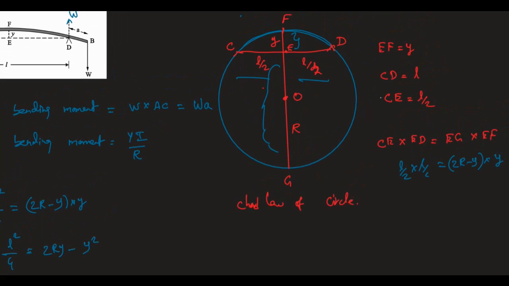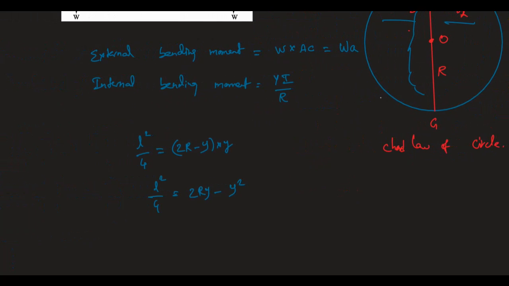Now consider, if this arc is very small, this Y will be very small, so Y square will be negligible, so neglect Y square. Then L square by 4 equals 2RY, then R equals L square by 8Y.